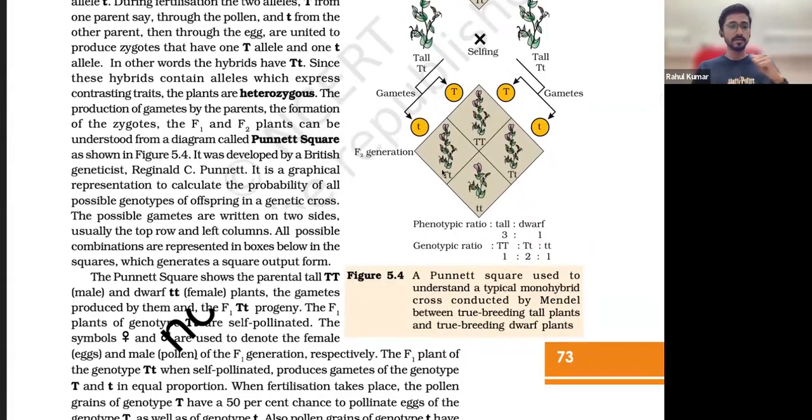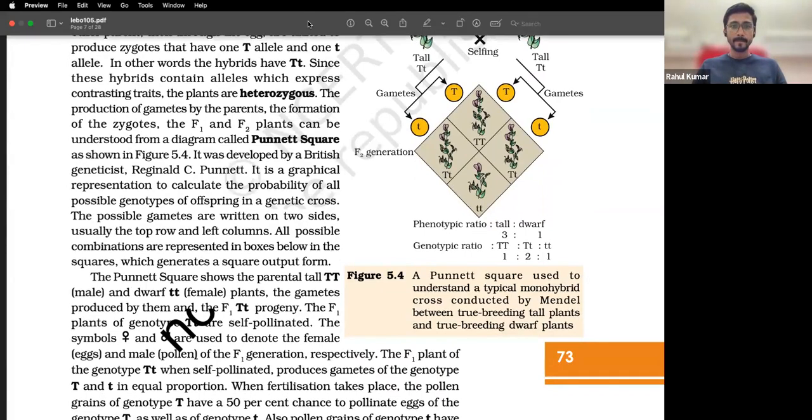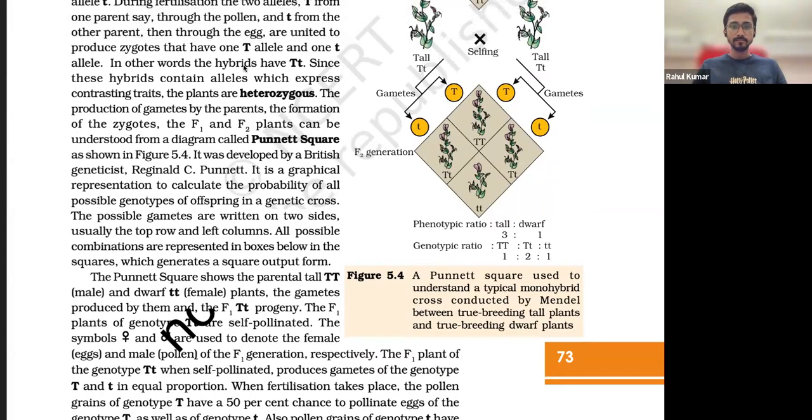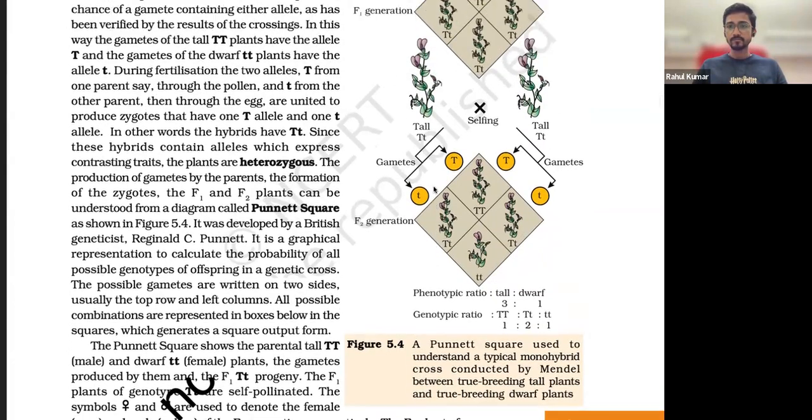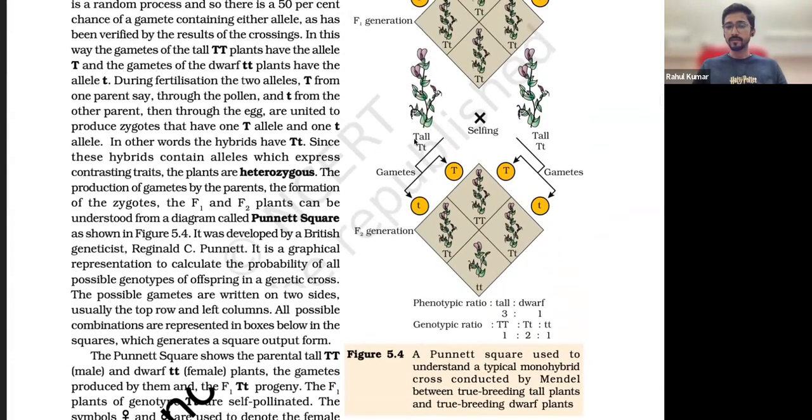Do you understand the question, everyone? Am I audible? Yes, sir. So if you are crossing these two, which are the parents, they are already F1, which are two heterozygotes.